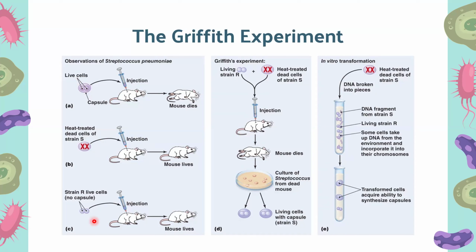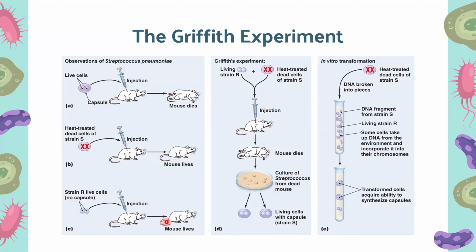Now, what would happen if I were to place this strain R non-encapsulated with my heat-treated dead Streptococcus pneumonia cells? Supposedly, neither of those is going to kill the mouse, right? We saw that heat treated does not kill the mouse and strain R does not kill the mouse.